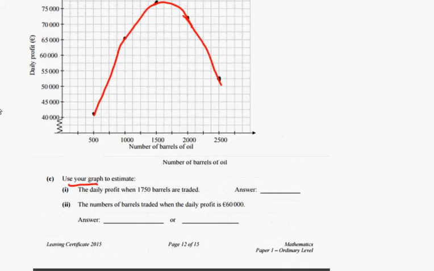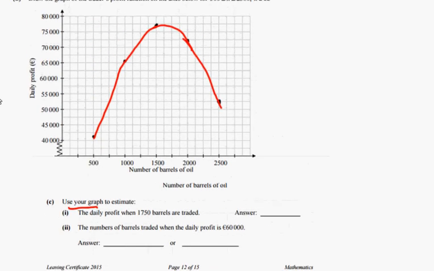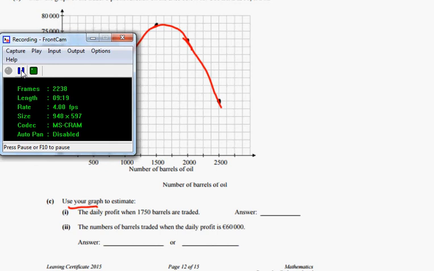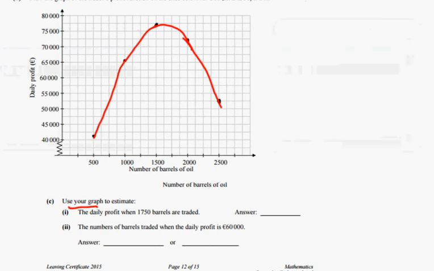So, how do you start this one off, Jordan? So 1750 on the x-axis, because that's the number of barrels. Go to 1750. It's halfway between 1,500 and 2,000. Then you bring your line directly across. If you have that many barrels, you're going to have roughly, what's it, about 76,000 euro profit? Around that, around 76,000 there.